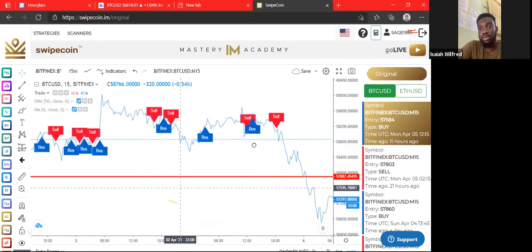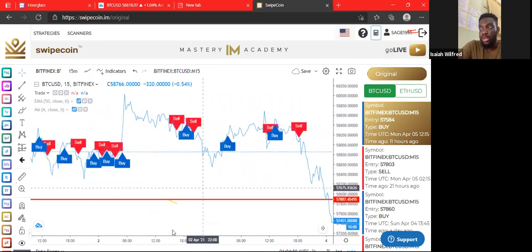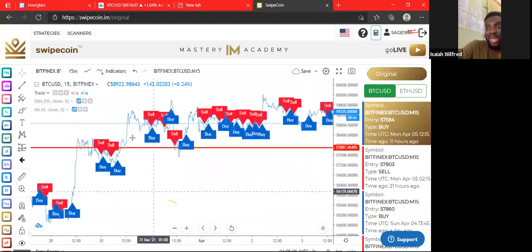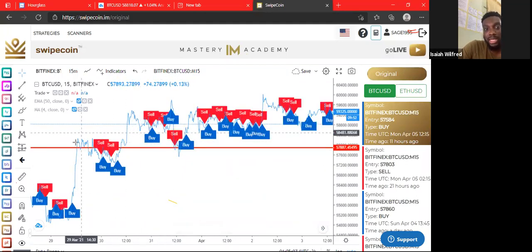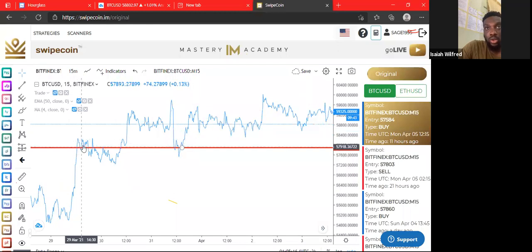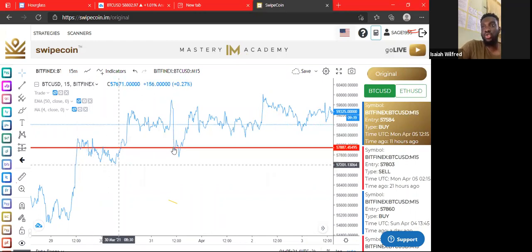If I go back to the past, you're going to see that at the past, price was still respecting this line. You see it here. It's touching here back to back. It has been hitting this zone. See, it hits here, it went up, hit here, it went up, came down, hit here, came down, hit here. Just like that, it has been respecting this resistance line for so many times.